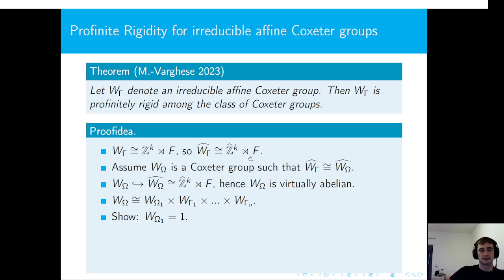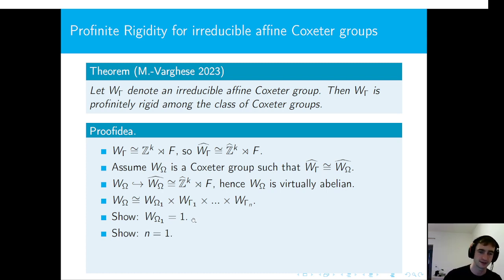And since W gamma is irreducible affine, it doesn't have any non-trivial finite normal subgroups, because then the quotient would be infinite, and we know that W gamma is just infinite. So this can't happen, and W omega 1 has to be equal to 1.